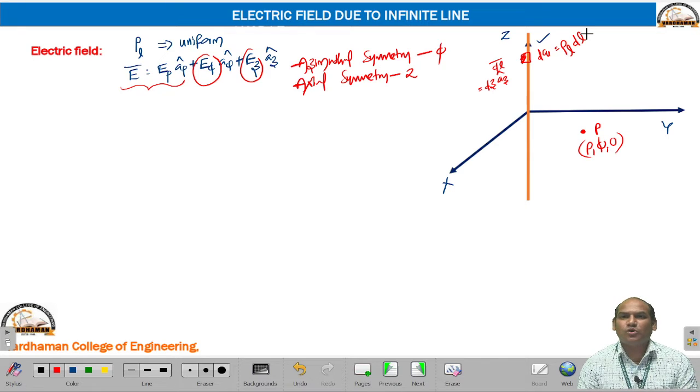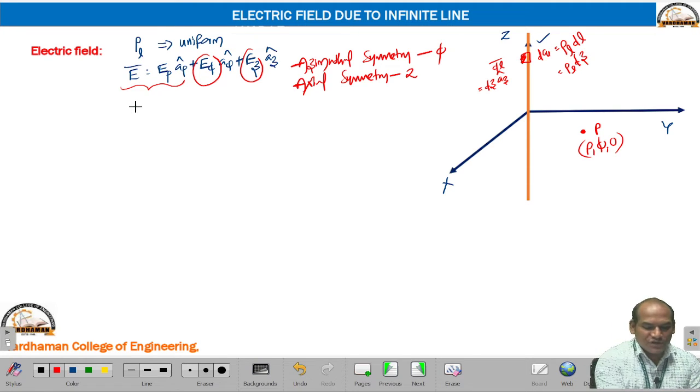So dq is equal to rho l dl. This is what we discussed in the charge configurations concept. dq is in coulombs, rho l is coulombs per meter, dl is distance in meters, so meters cancel and coulomb equals coulomb. So dq is equal to rho l dl, and dl is nothing but dz, so dq is equal to rho l dz.